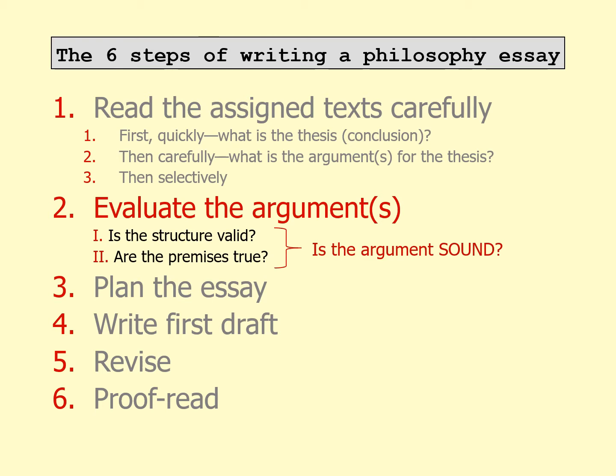Now, your assignment sheet might not exactly say, evaluate for validity and truth. A simple question such as, do you agree with the author? Or, what do you think of the author's argument? Essentially means the same thing.